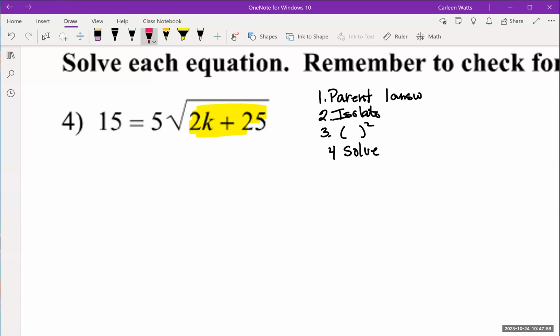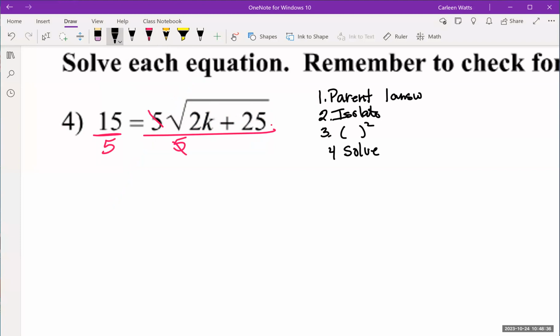I need to get rid of what number? Five. All right. Ding, ding, ding. Now I cannot get rid of the 25 because it's locked in that square root. That's why it took so long and I wanted you guys to process this. Can you see that I'm getting rid of the 5? I am isolating the square root.